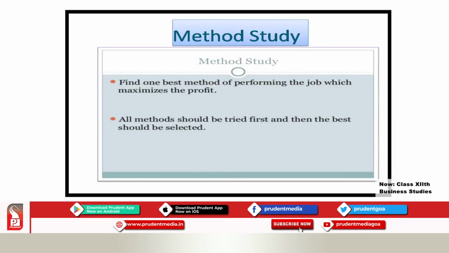Now, while selecting the method, you should not go on the rule of thumb. You should not go on intuitions. You should not go on sixth senses or biased ways. It has to be always based on the scientific approach. Frederick Taylor says while selecting a particular method, don't go on the rule of thumb.